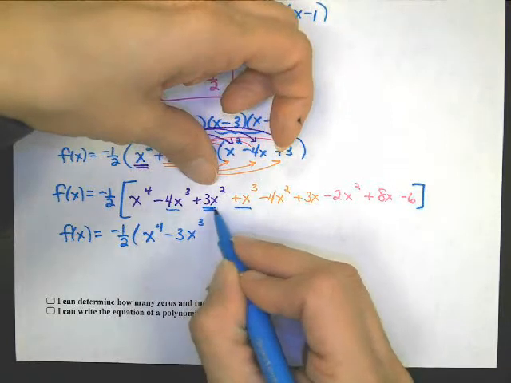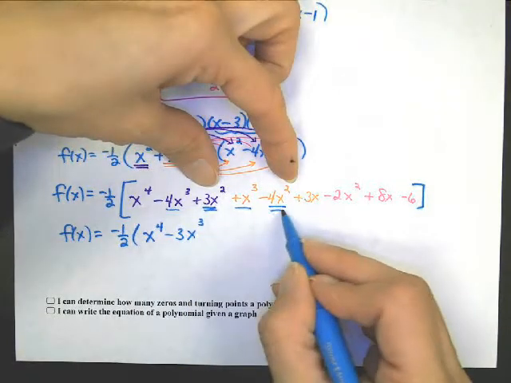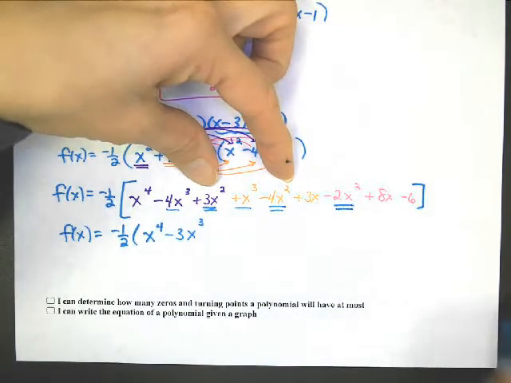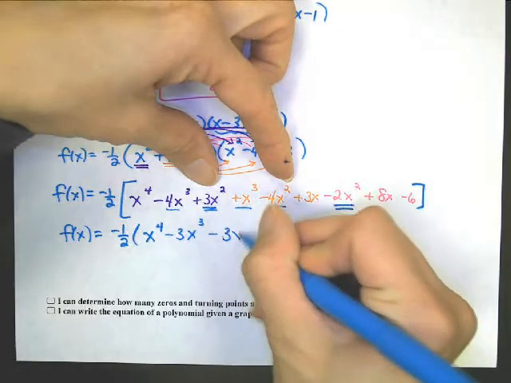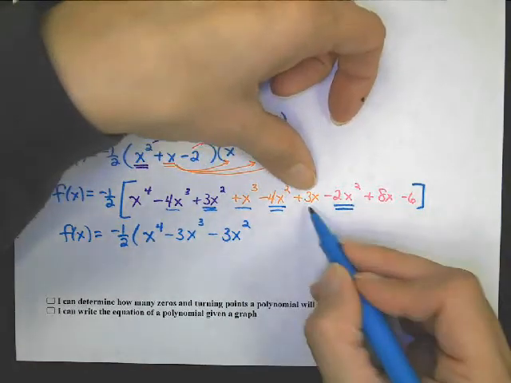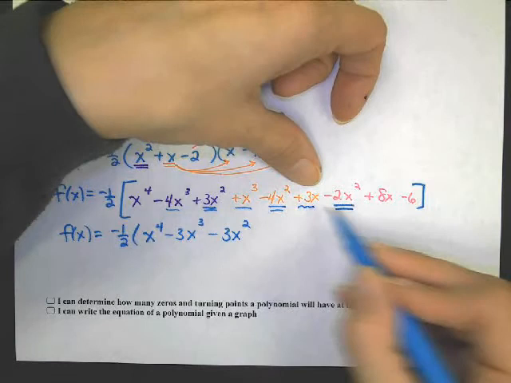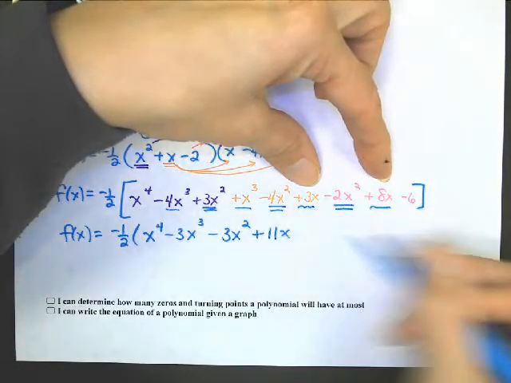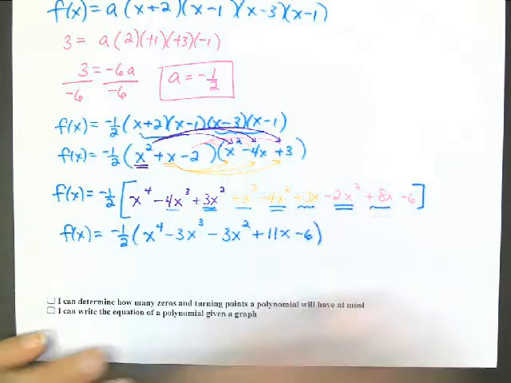Squareds, you're up. 3x squared minus 4x squared minus 2x squared. That's negative 3x squared. Single x's, where are you? Plus 3x plus 8x, that's plus 11x minus 6.